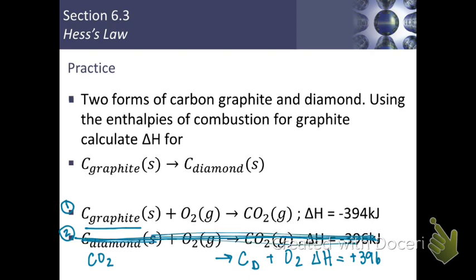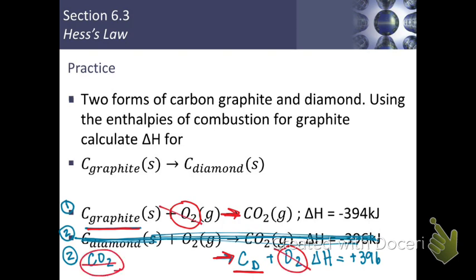Okay, if I have to adjust multiple mini reactions, I will just rewrite the whole set of them, right? So I'm not having to guess about which ones I X'd out, which ones I didn't. But I can pay attention now to just these two, okay? I've got carbon graphite and carbon diamond, which is what I need. But now I need to figure out, are my extra things canceling out, right? Here's my arrow. Here's my arrow. I have an O2 on the left and an O2 on the right, so those cancel.